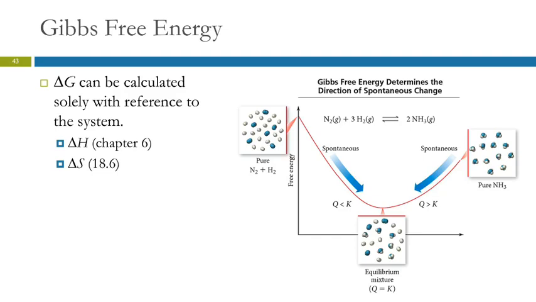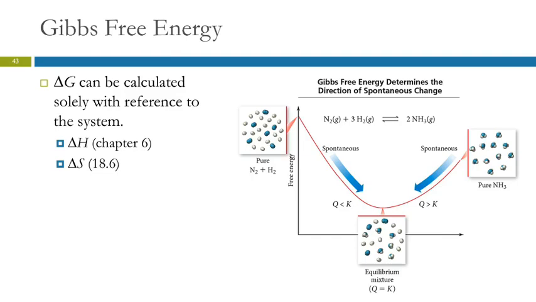So here's a graph where we see this reaction of nitrogen plus hydrogen to form ammonia. So when we take those two pure gases, it will be spontaneous for them to react as long as Q is less than K. This is an equilibrium, and so we can look at the equilibrium constant.